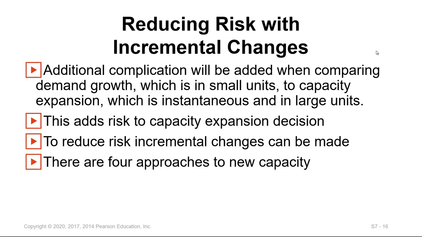So how would that large increase be addressed when you have only a small amount of increase in the demand? This adds risk to the capacity expansion decision, of course, and to reduce that risk, incremental change can be made, and there are four approaches to new capacity expansion.